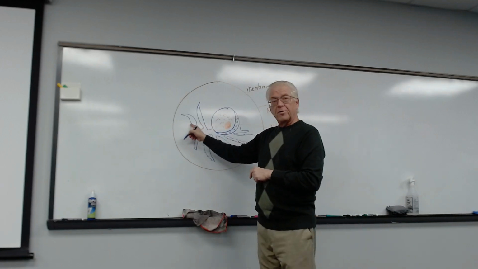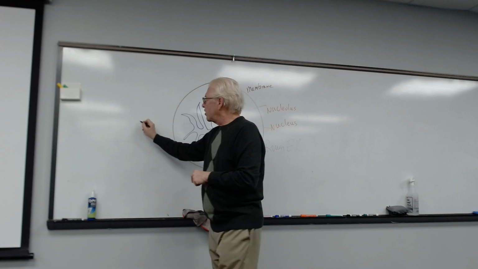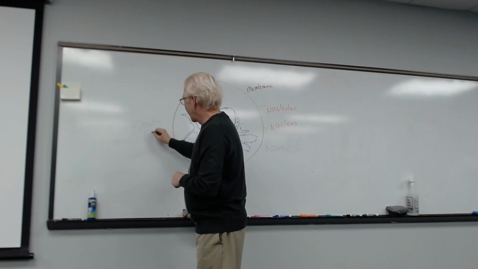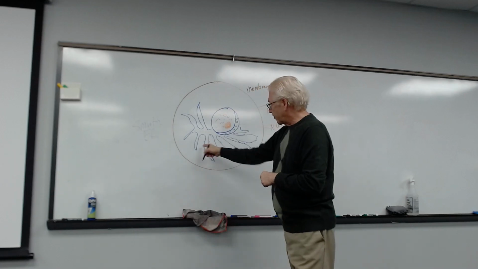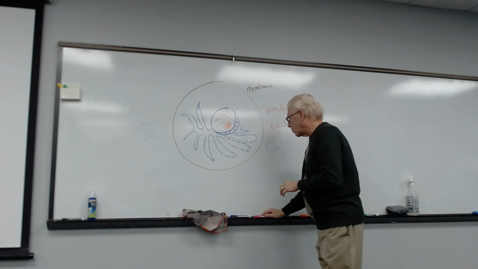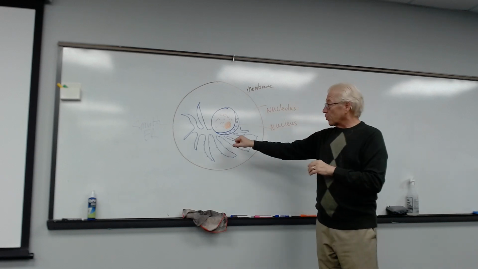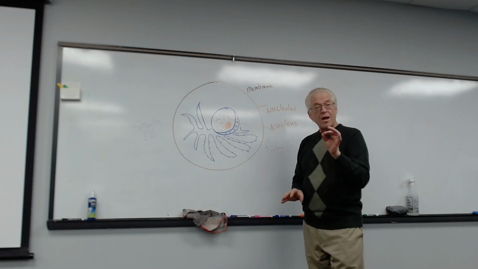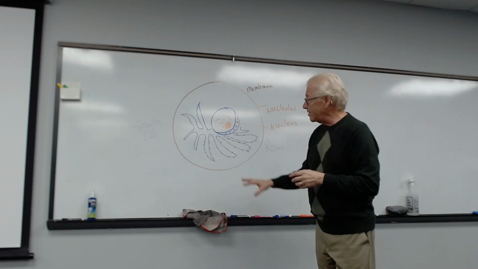What about this one with no dots? Smooth ER. Cool beans? The difference is no dots, dots. All right? So, since the ribosomes are sitting on the rough ER, and ribosomes are the ones that make proteins, guess what?